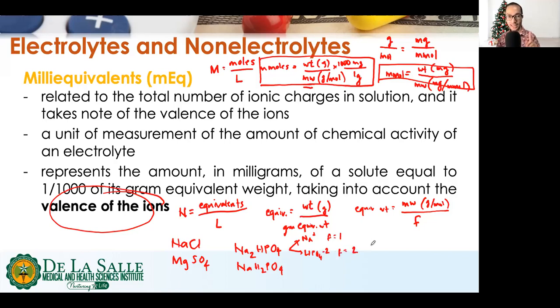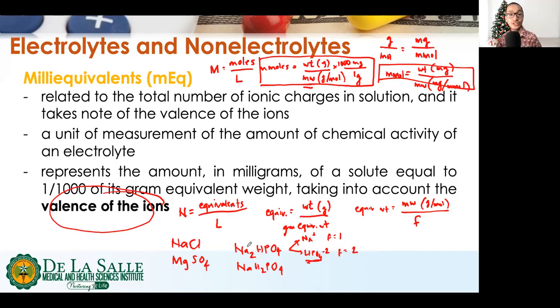What I am saying here is that if you're asked to determine the equivalent weight or the number of milliequivalents of the phosphate ion in your dibasic sodium phosphate, then the factor will be 2, because the valence of the dibasic phosphate ion is 2. But if you are asked to determine only the milliequivalents or the equivalents of sodium, then the factor is 1.